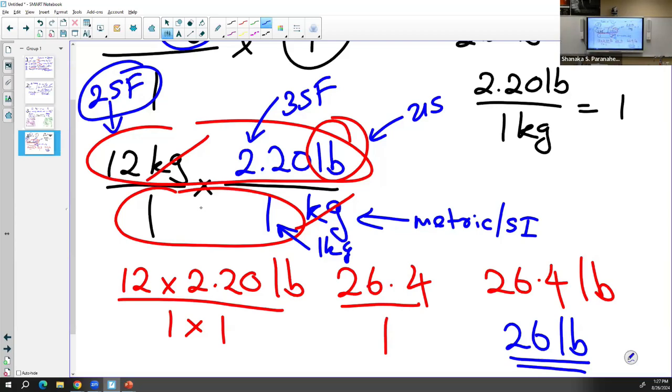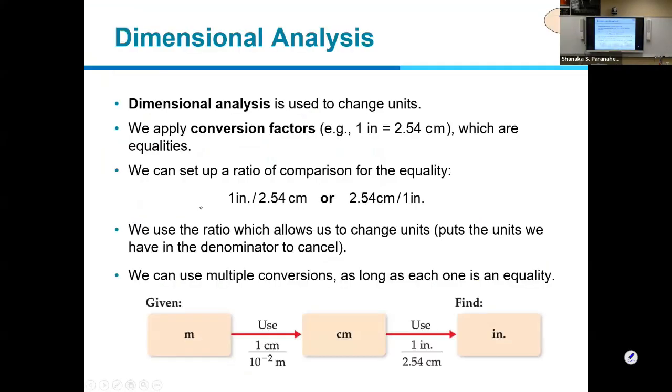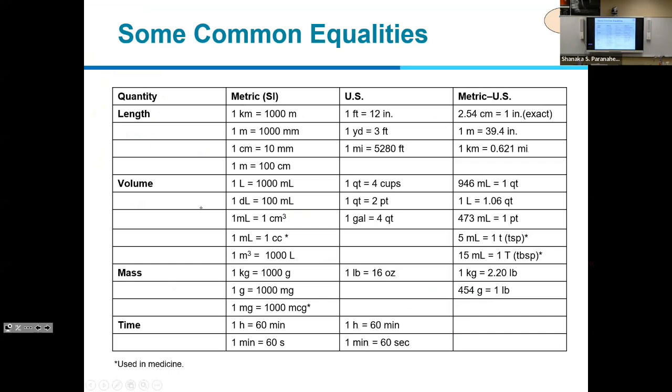Okay, let me go to that slide with the table of equations and explain this. Since this is between two different unit systems, this is a definition, so that's why it says exact on both sides, right? These are measured values, so you must consider significant digits on these values.